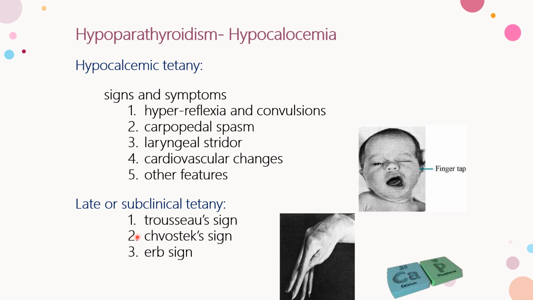So these signs are nothing but eliciting the carpopedal spasm, and then Chvostek sign is eliciting the facial spasms. So if you have not understood these clearly, just check in a medical dictionary, they are present. If you type in Google hypocalcemic tetany, these all will come, and these are present in any textbook.